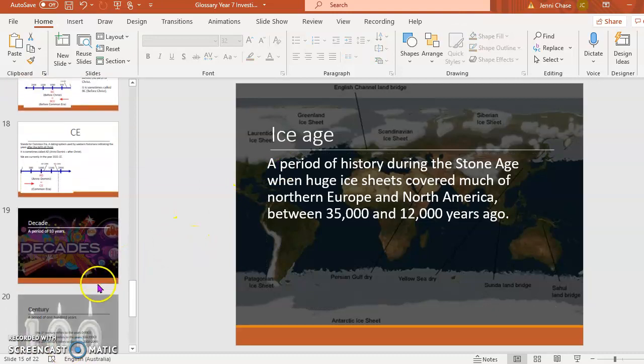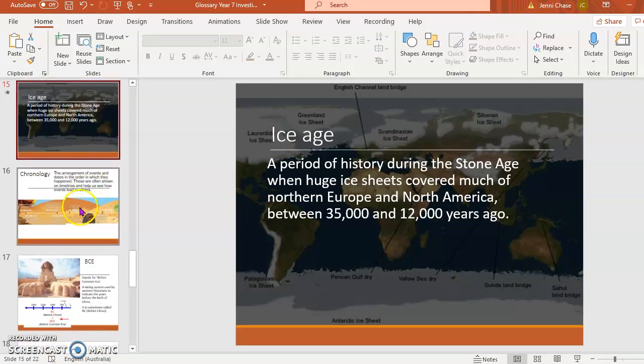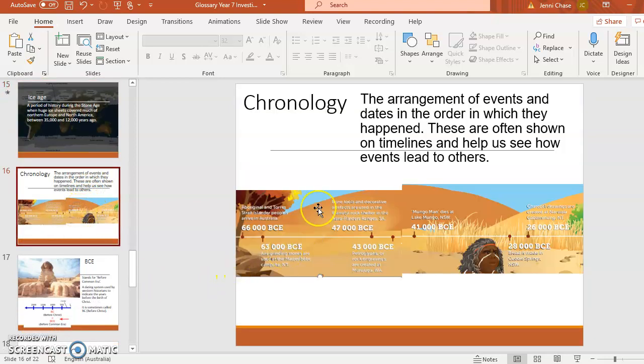Okay, the last few terms then are general historical terms. We will do a whole lesson on chronology. Okay, but basically chronology is arranging events and dates in the order in which they happen. So from the date that's furthest away to the most recent.